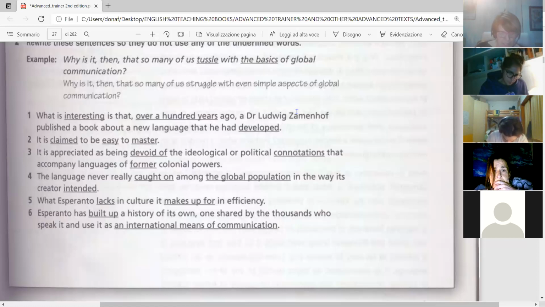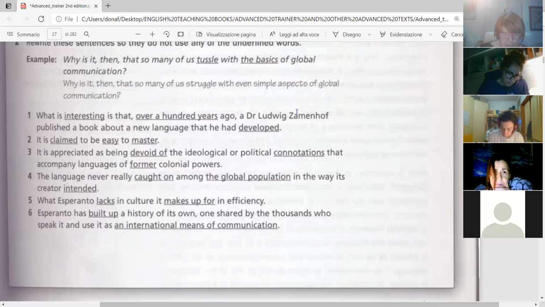So it is appreciated as being without any of the ideological or political. What do you put? I forgot. Or political, not traits, I think is wrong. Associations. Okay.